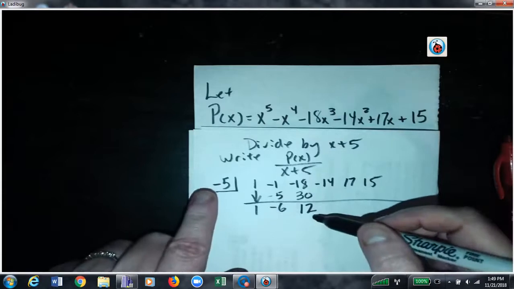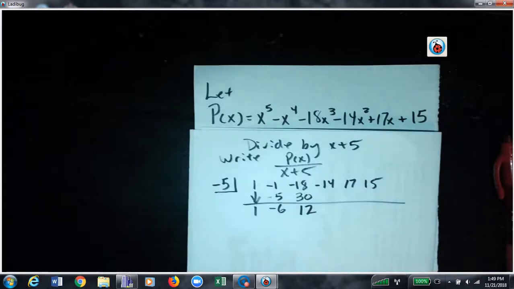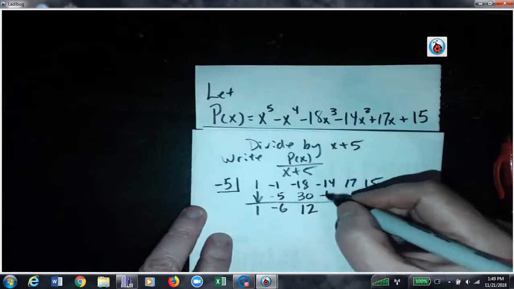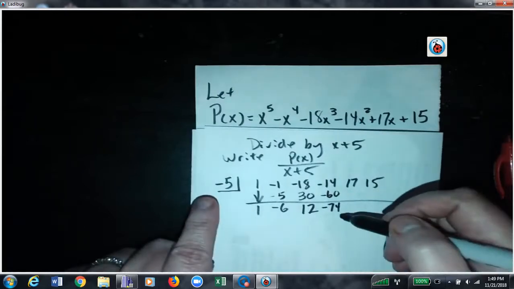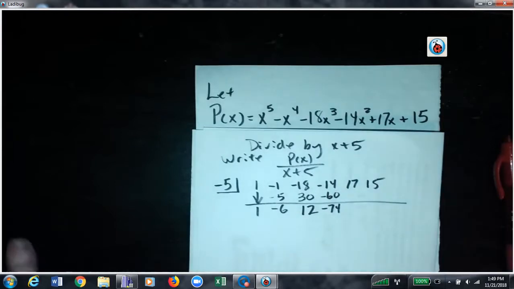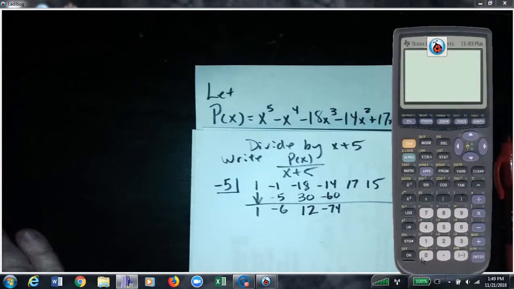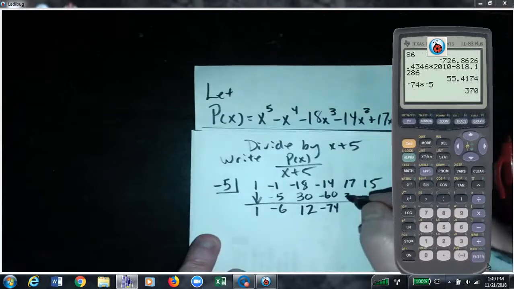Then 12 times the number in the box, so 12 times negative 5 is going to be negative 60. And I add. Negative 74 times negative 5 is going to give me a positive number. So now I'm going to bring this in. Negative 74 times negative 5 is going to give me 370.